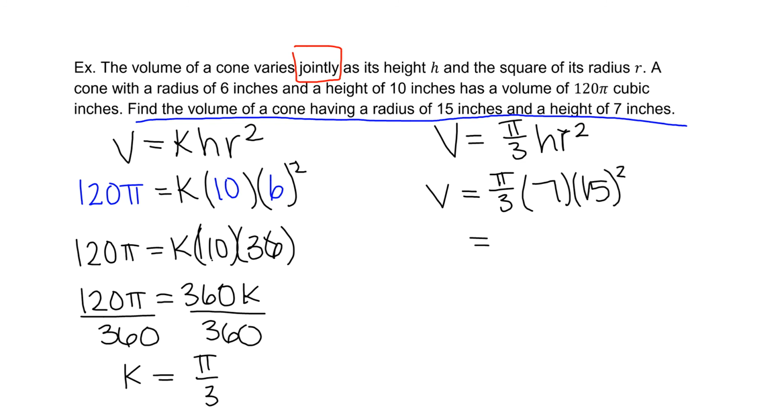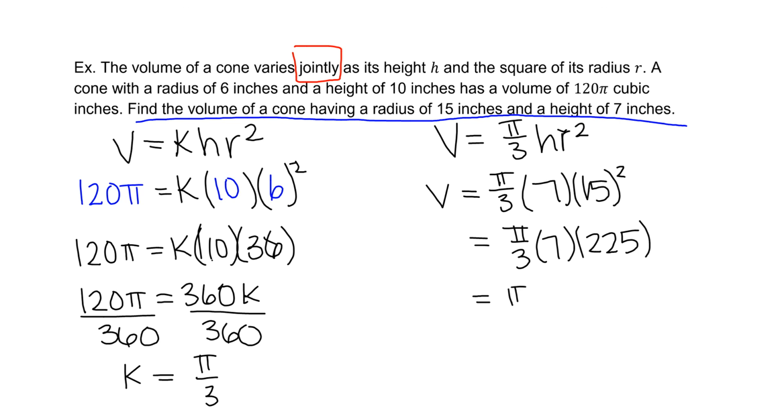So that's going to give me pi over 3 times 7, then 15 squared is 225. Now instead of multiplying 225 by 7 and then dividing it by 3, I know 225 is divisible by 3, so I'm going to go ahead and do that division now. So 225 divided by 3 is going to give me 75.